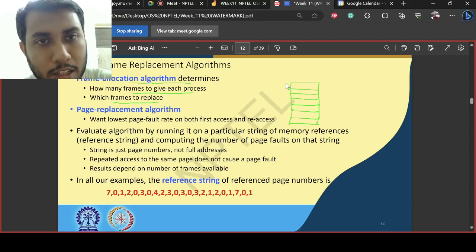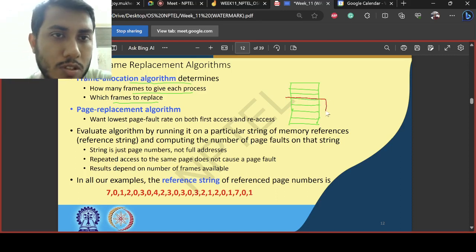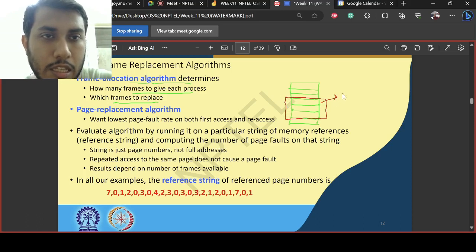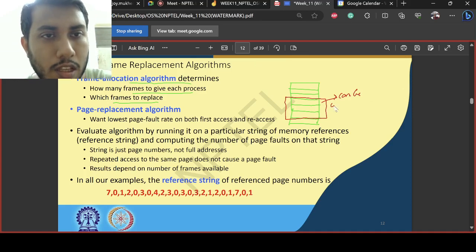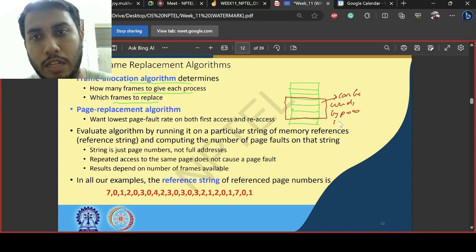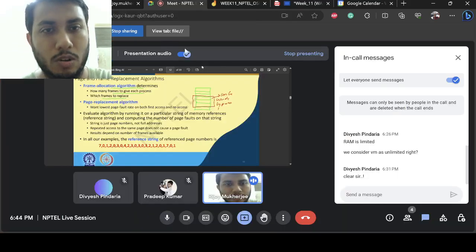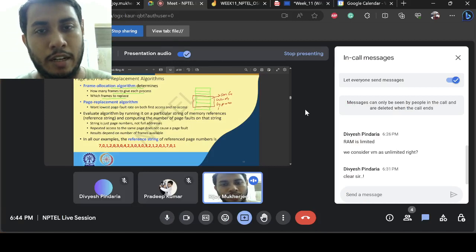So your frame allocation algorithm can say that only this set of frames can be used by process 1.